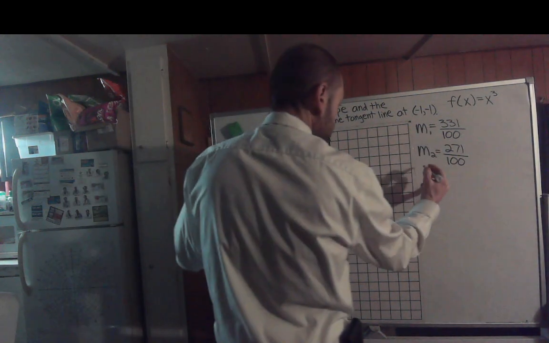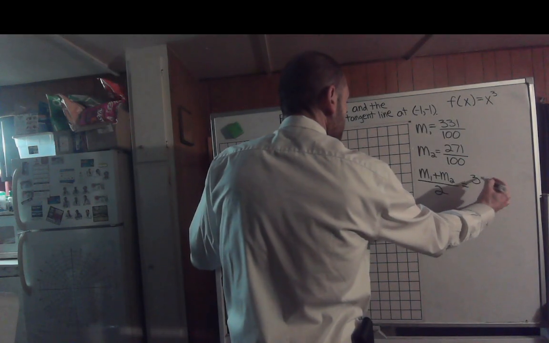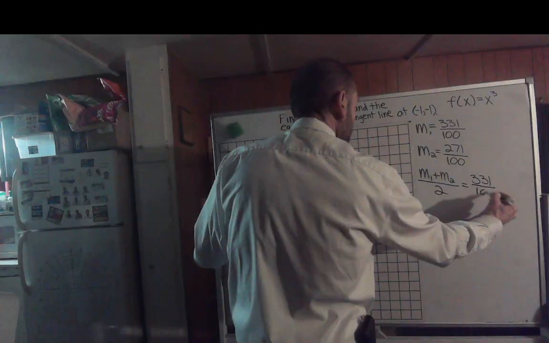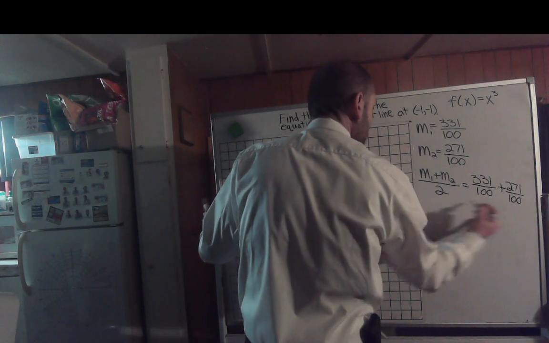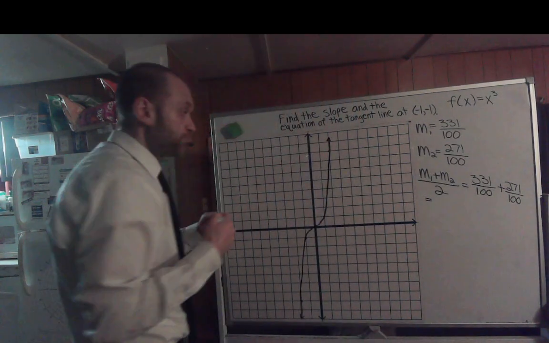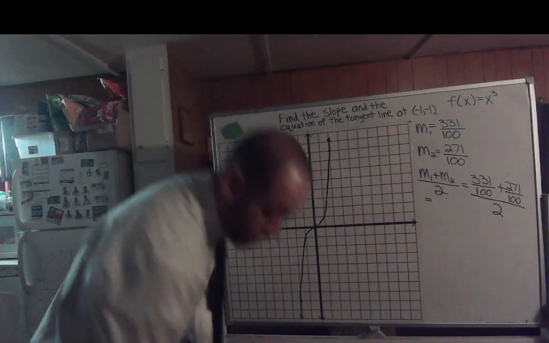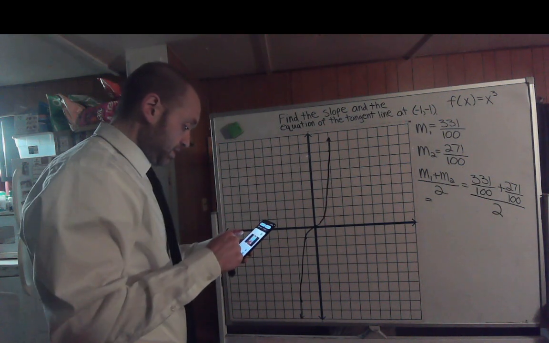Now we can find the slope of the tangent line by averaging the slope of these two secant lines. So that's going to equal 331 over 100 plus 271 over 100, all that divided by 2, excuse me. Alright, so let's figure out what 331 plus 271 is.